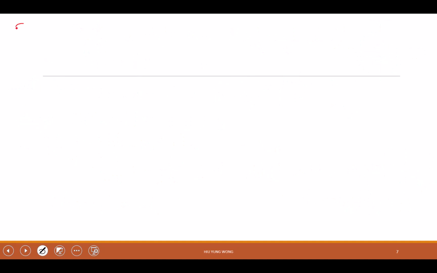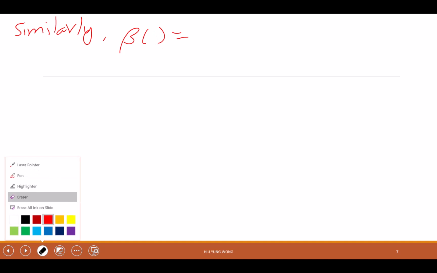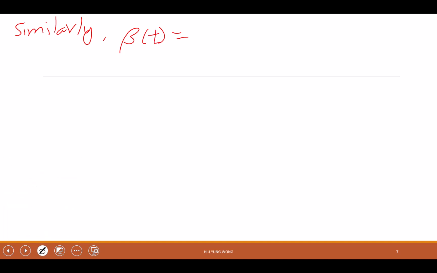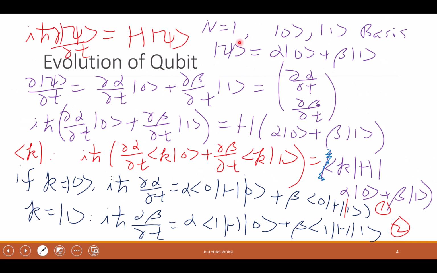Here I'm not going to show it. I will just say similarly, just go through the math. You will find that beta of t equals beta 0 times something. Everything should be the same, because let's look at the equation one more time.